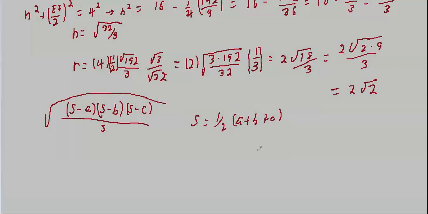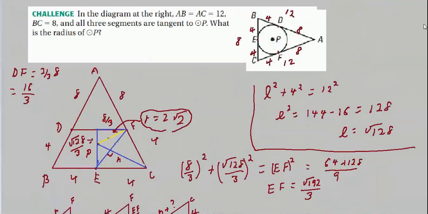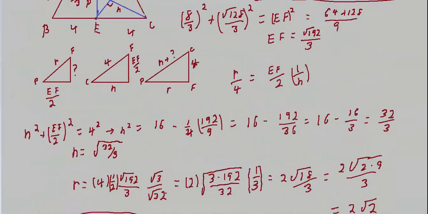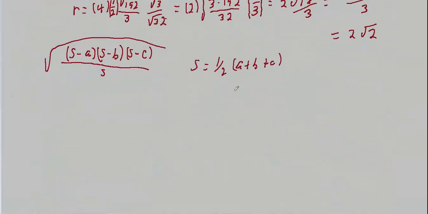What happens if we do that? Well, you remember up there, the sides were 12, 12, and 8. So, hope I don't make you seasick. We can substitute all that in. For instance, 12, 12, and 8 here is 24, and 8 is 32 divided by 2.